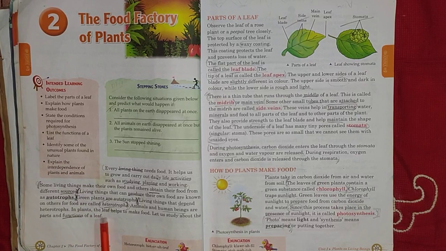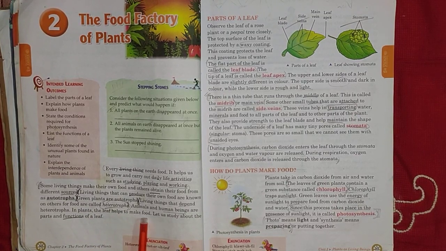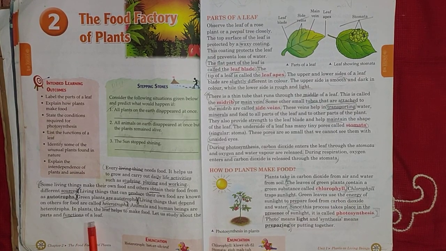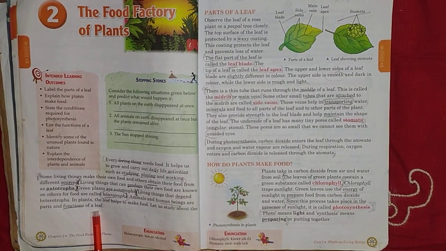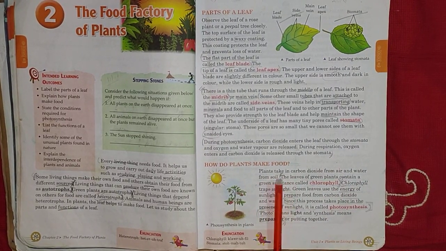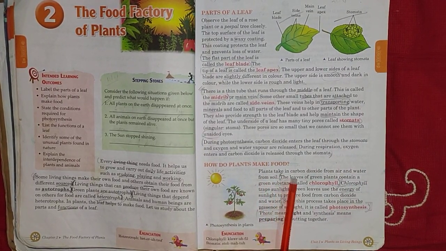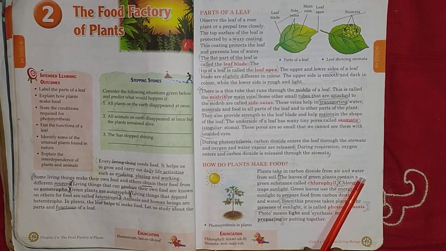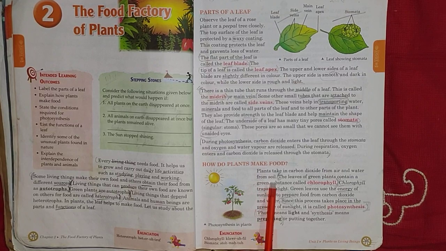In plants, the leaf helps to make food. Let us study about the parts and functions of the leaf which we have already done. How do plants make food? Plants take in carbon dioxide from air and water from soil.